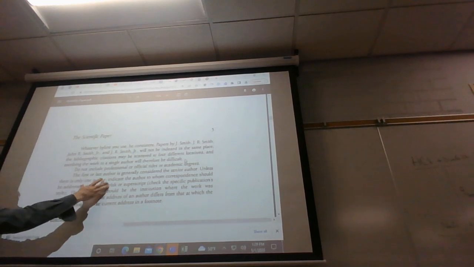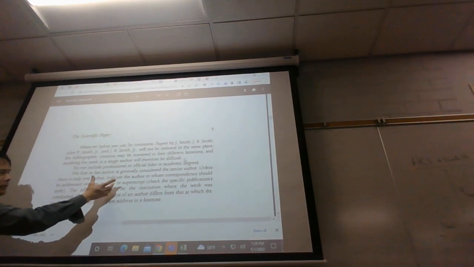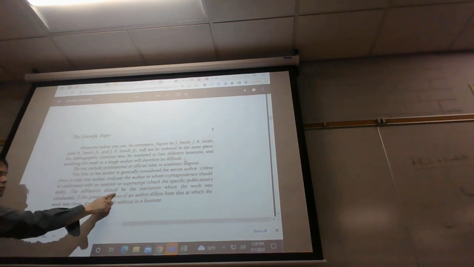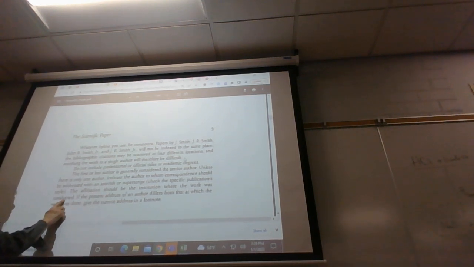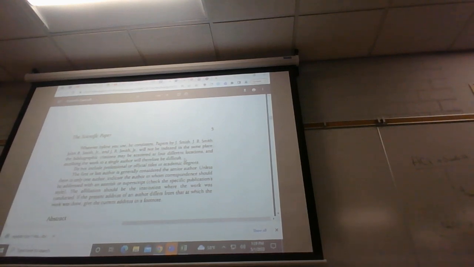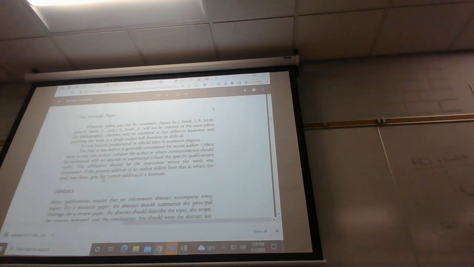So your affiliation would be El Camino College. The affiliation should be the institution where the work was conducted. You don't have to put the address in. You could give the current address as a footnote at the bottom of the page, but it shouldn't be in the byline, no address and phone number, just the name of the institution.